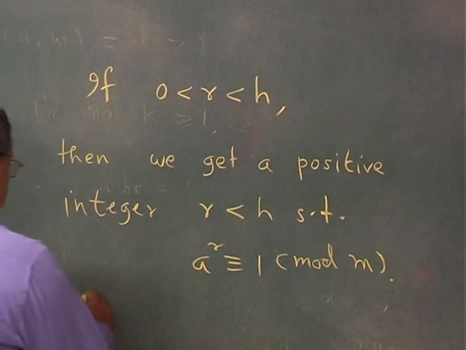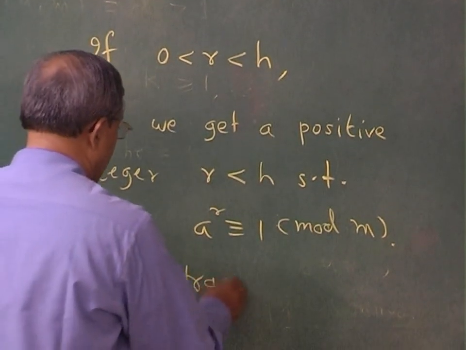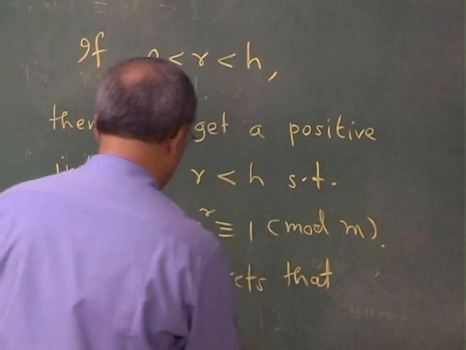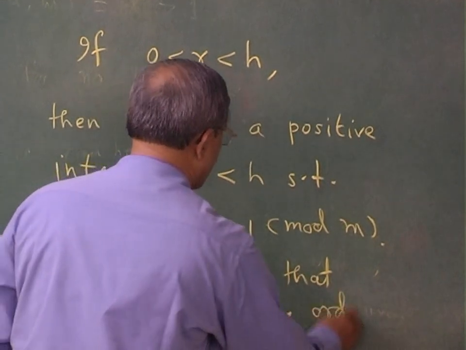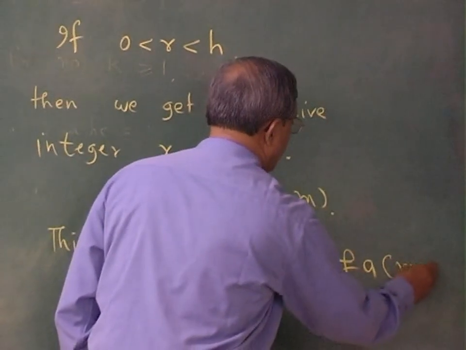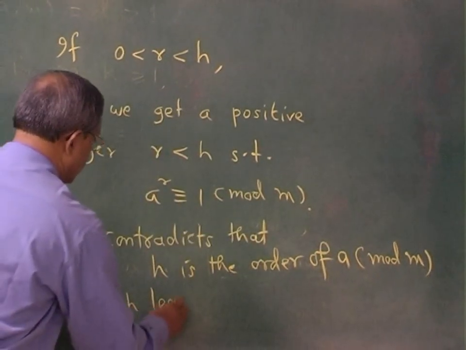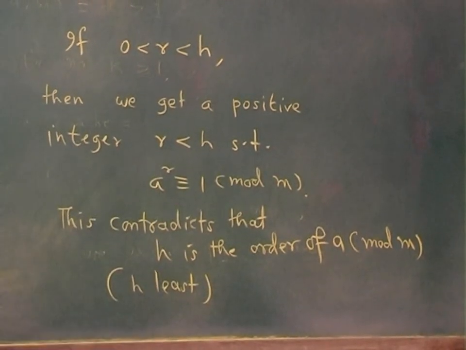So this contradicts that h is the order of A mod m. H is least with this property that A raised to h is congruent to 1 mod m.